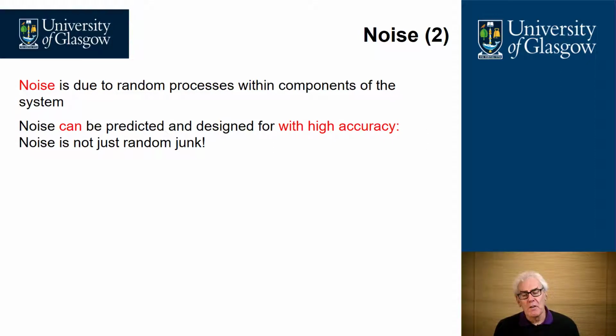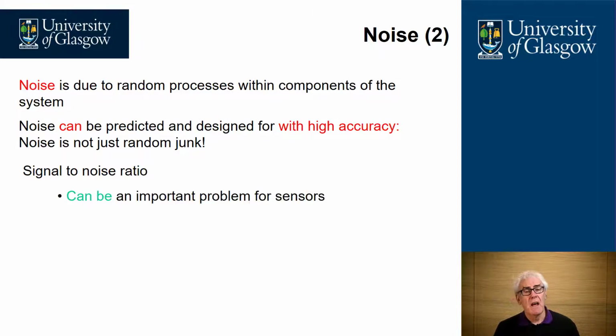What I want to introduce to you now is a concept called signal-to-noise ratio. And this is precisely as it explains. It's a level of signal compared with a level of noise in a particular signal. And this is a particular problem for sensors because if you have noise in a sensor that is larger than the signal you're looking for, you cannot use the sensor for that application.